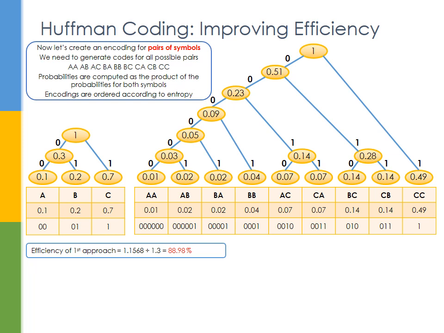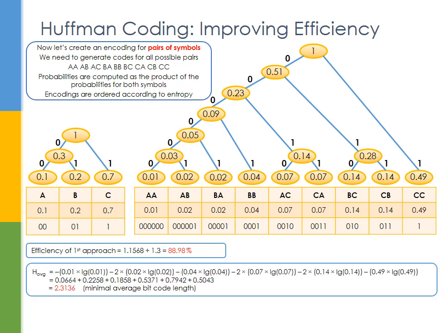Right, so again, we're interested then in the efficiency of this tree. So we can again then compute the minimal average bit code length, which we compute as 2.3136. What this means then is that to encode a pair of symbols, we would then need to use an average of 2.3136 bits.